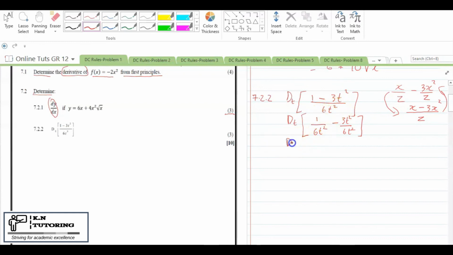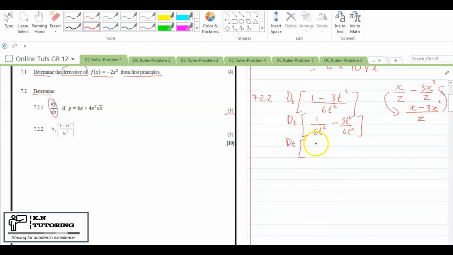Now I will continue simplifying. We can agree that 1 over 6 is 1 over 6. But again, like I said, you can't differentiate when the variable you're trying to differentiate is at the bottom. So you must take this to be a numerator.